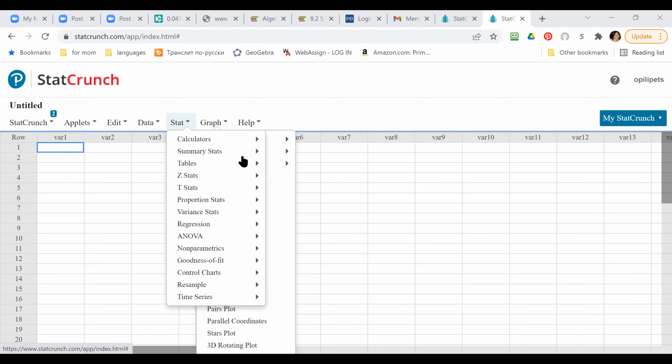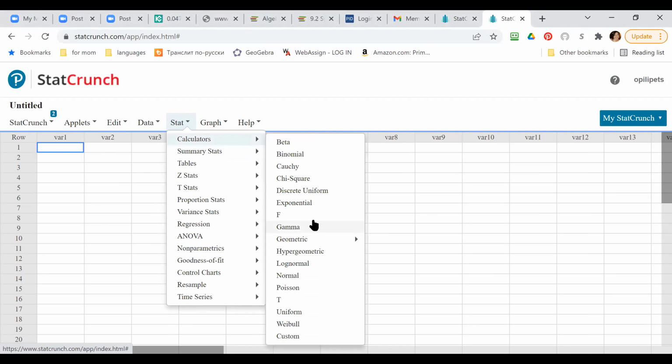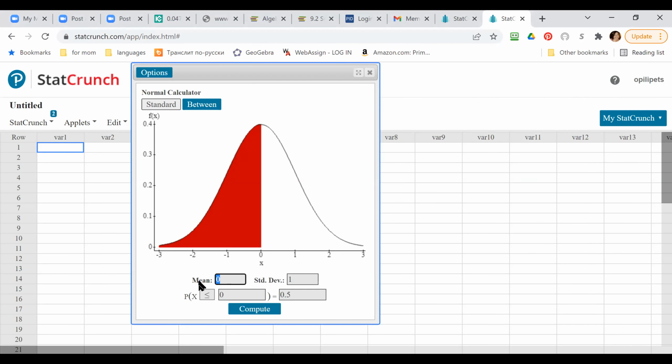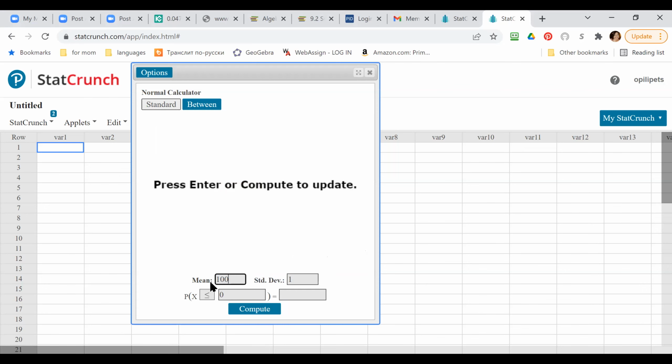Here we are. The mean of my distribution is 100. And the standard deviation is 15. I'm looking for the probability that x is greater than 131.5.